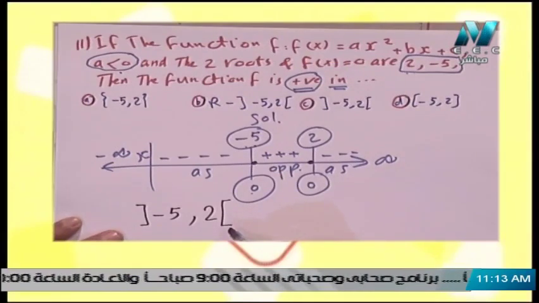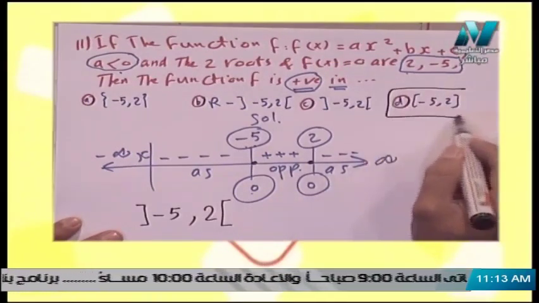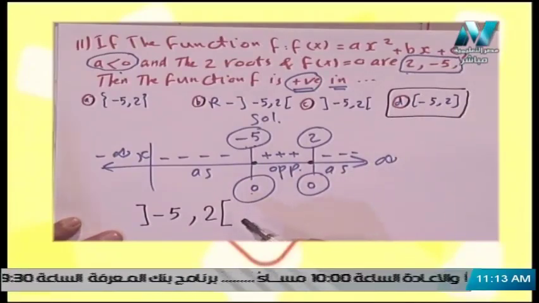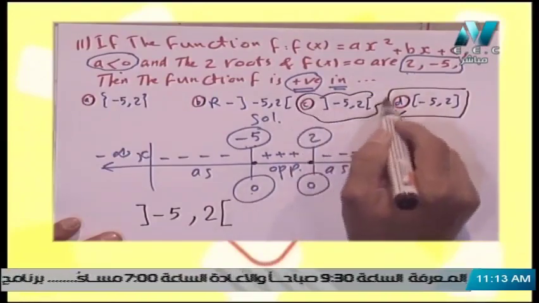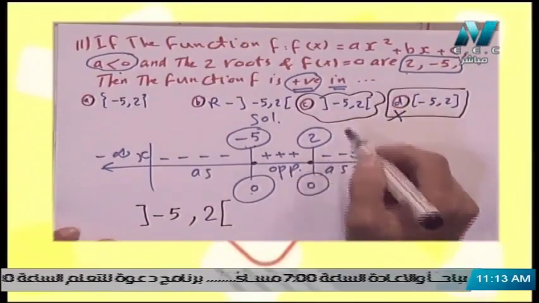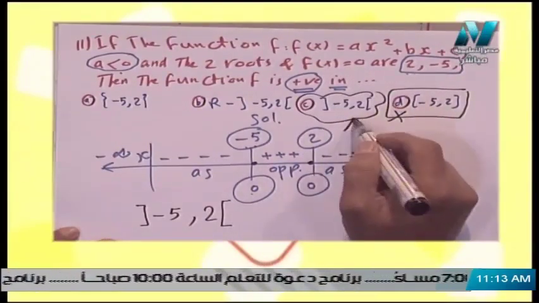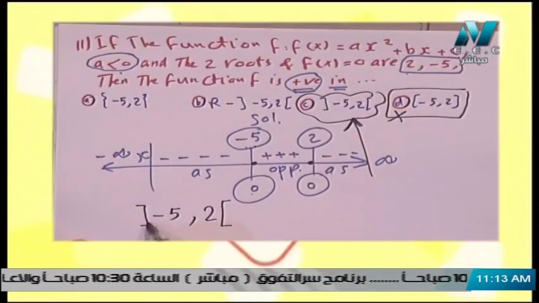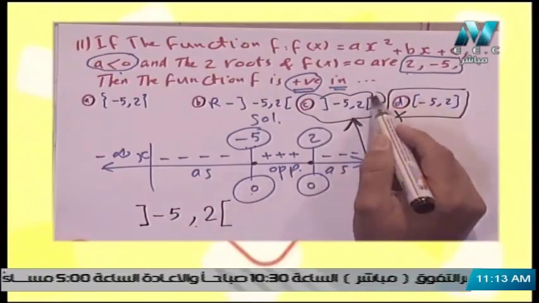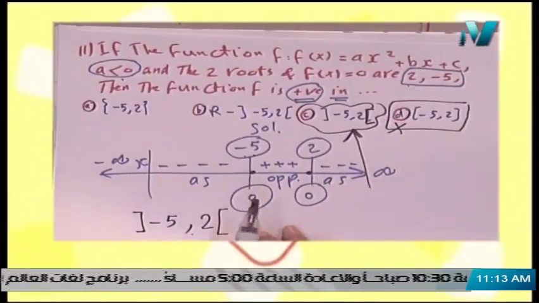So the answer will be, sorry, C, negative 5 and 2 open. Concentrate to find out the real solution and right solution. We have here negative 5 open and 2 open also. Okay. Let's move to another question.